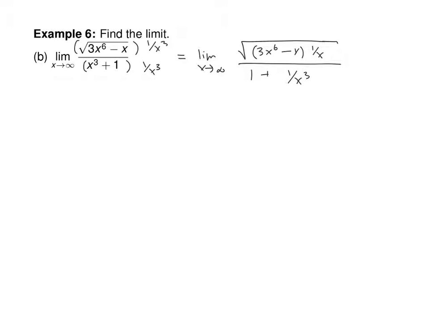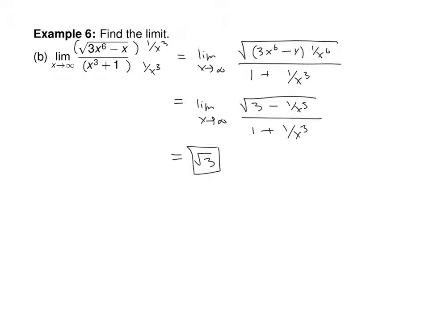What does that power become when it goes inside of the root? x to the 6th. So that's going to be root 3 minus 1 over x to the 5th over 1 plus 1 over x cubed. So what's that going to equal? Root 3, yep.